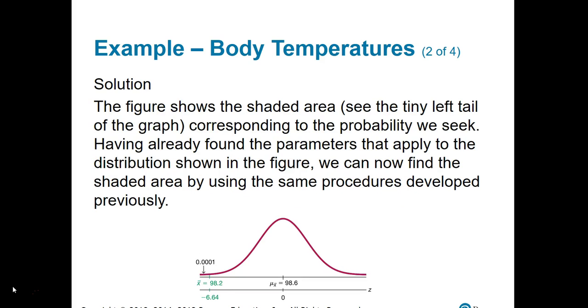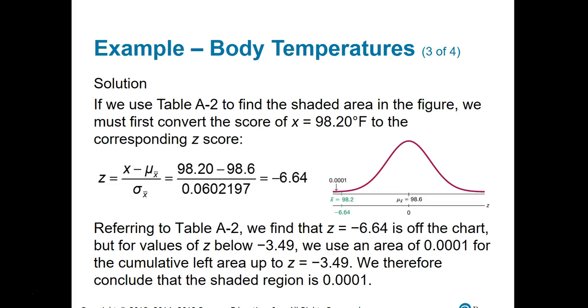So we can see that 98.2 is going to be pretty far down here, where this is 98.6. So very small, giving us a z of negative 6.64, which is lower than we had before. So this is off the chart.